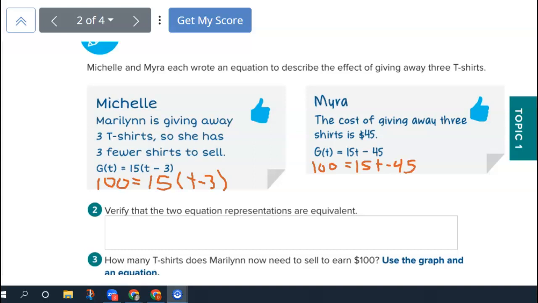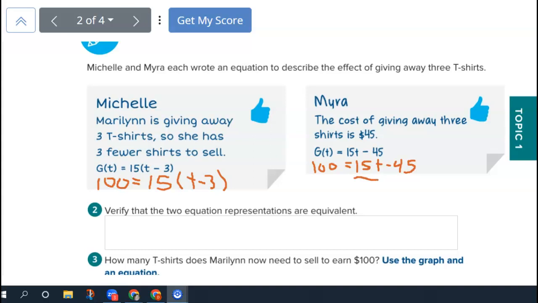If you choose to do this example, you could start by distributing the 15 times t and the 15 times -3, or you could start by dividing both sides by 15. It's up to you. If you go this route, I think the sensible choice is, since we're trying to get t by itself, our first step is we are going to get 15t by itself.